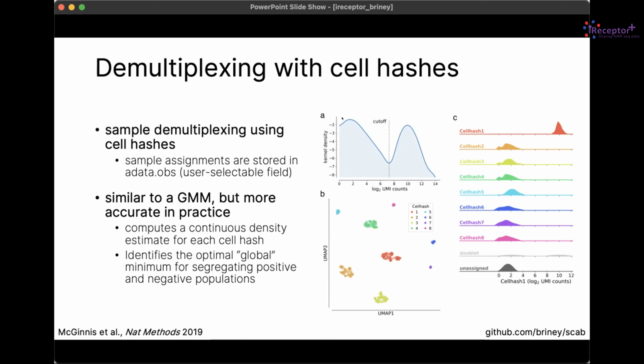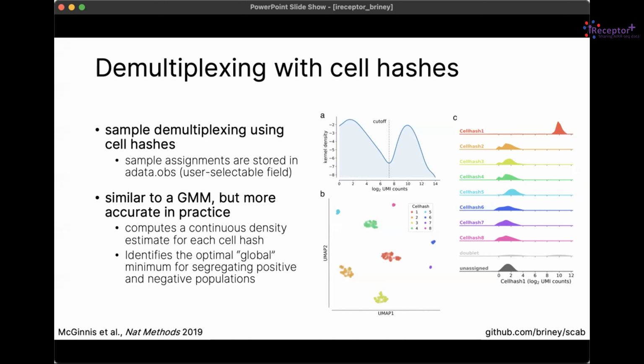What we do is we essentially construct a continuous distribution of these log transformed UMI counts, and find the quote unquote global, it's actually a local minimum, but the lowest local minimum of this entire distribution. We found that as a general rule, we can find that cutoff, and it seems to be quite accurate, even going down to cell hashes that are present in far under 1% of your sample.